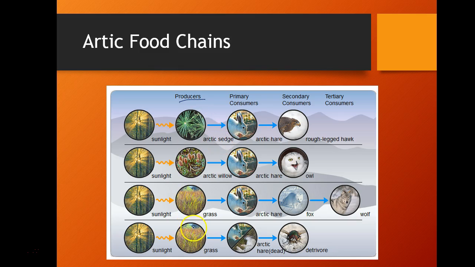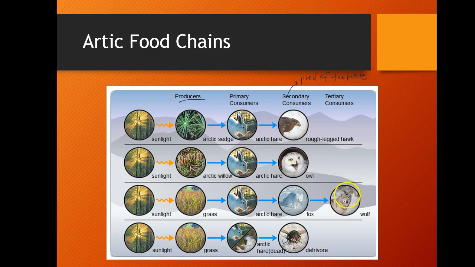So these are all producers eaten by the hare. And then all of these secondary consumers will be the predators of the hare, right? And even these are not an exhaustive list. There's probably even more predators that eat the hare in the Arctic ecosystem.